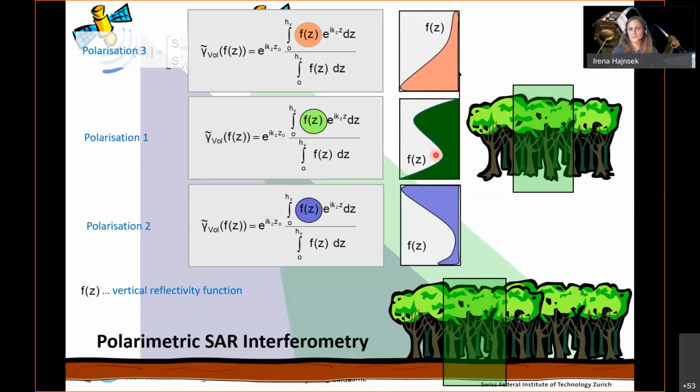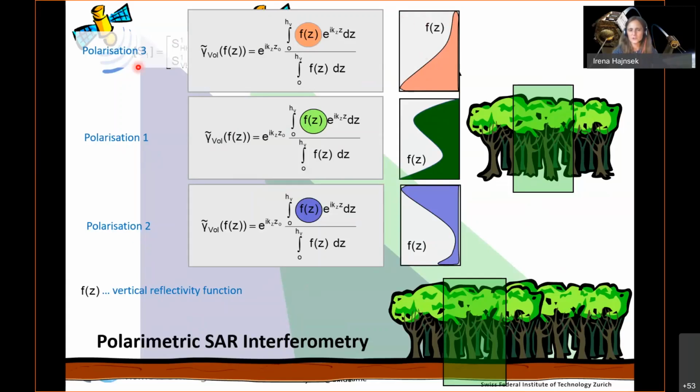In another contribution, choosing another polarization, we could have stronger contribution from the lower part and the middle part, so also from the ground. Or another polarization could extract more information from the upper part of the canopy, so that we would have much more volume in the canopy and less contribution from the ground.